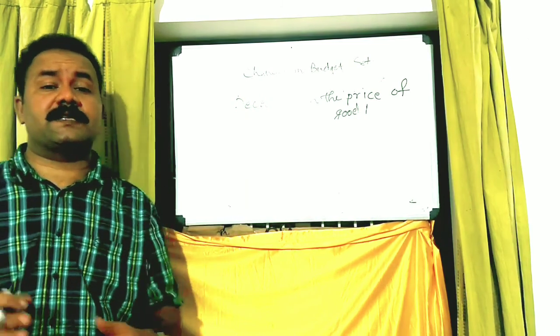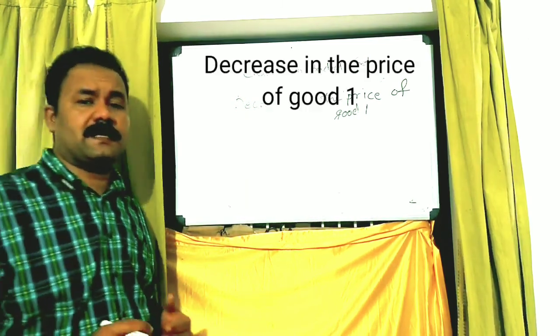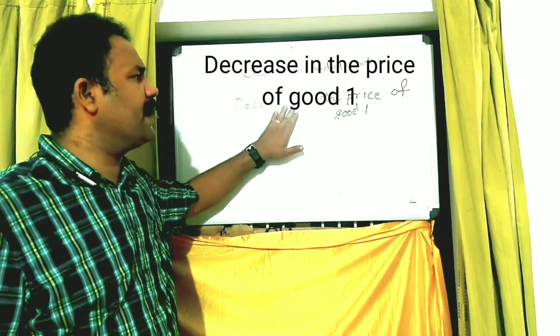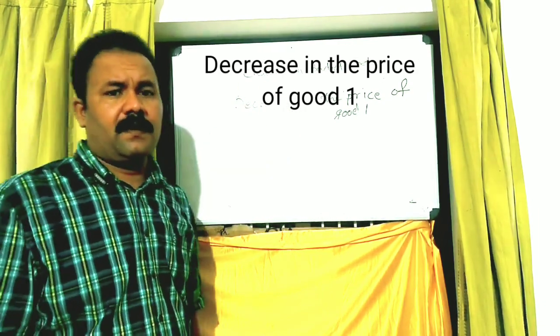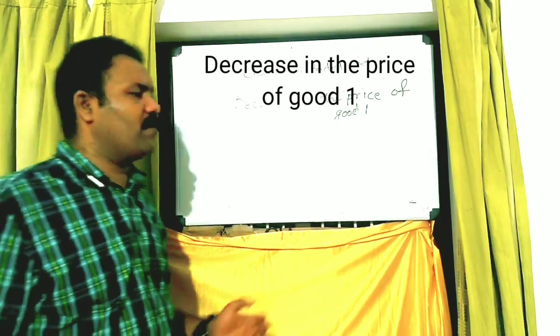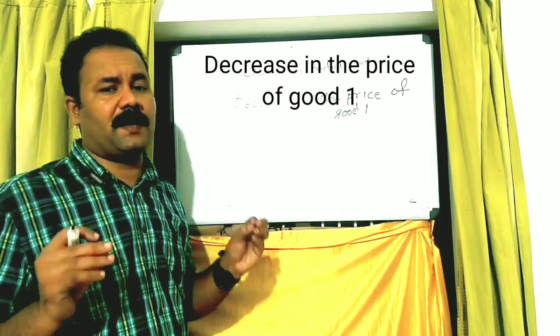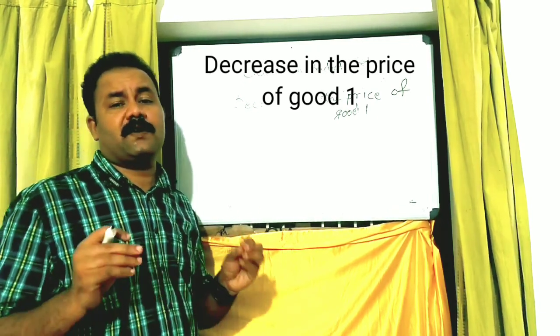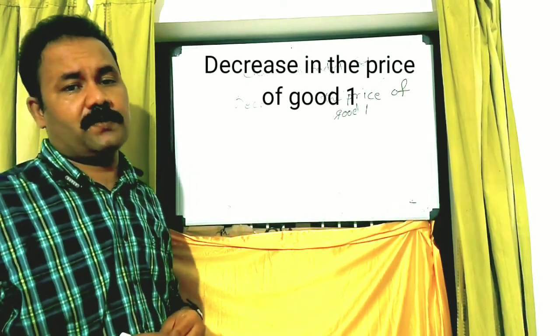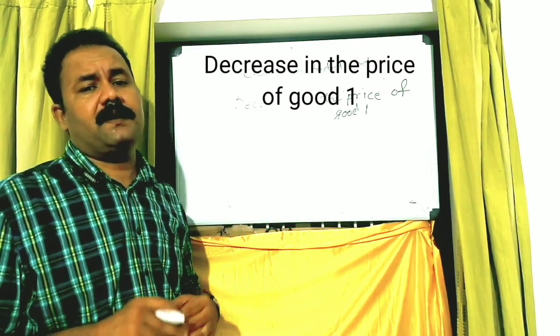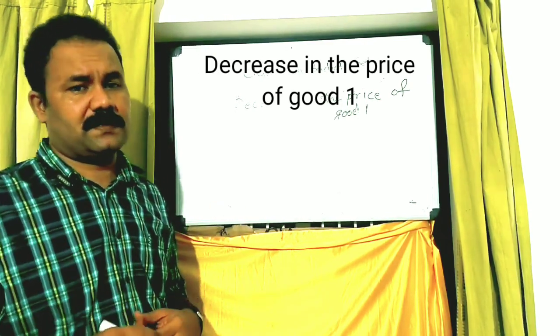The next situation we want to discuss here is a decrease in the price of good one. When the price of good one decreases, and if there is no change in the income of the consumer and the price of good 2, at that time the horizontal intercept will shift outwards.